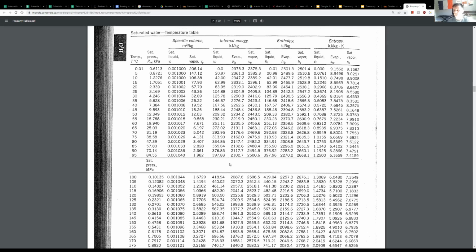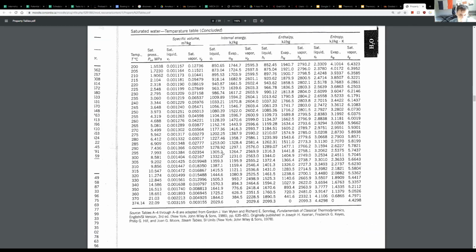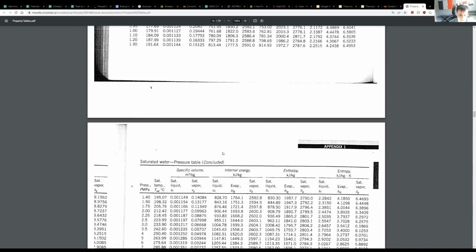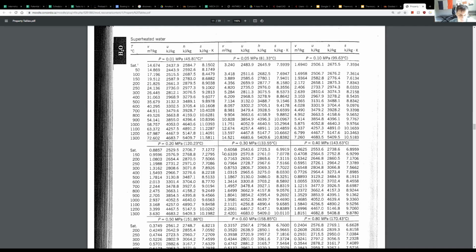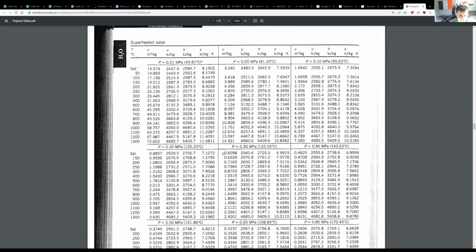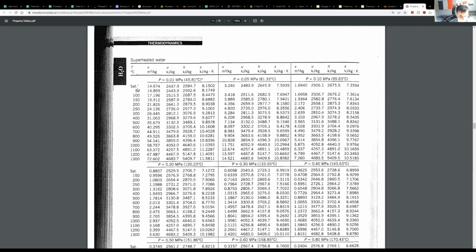For example, if the specific volume is 10, do we look in the superheated tables? That's just general knowledge. Let's see here. It's roughly close to here.